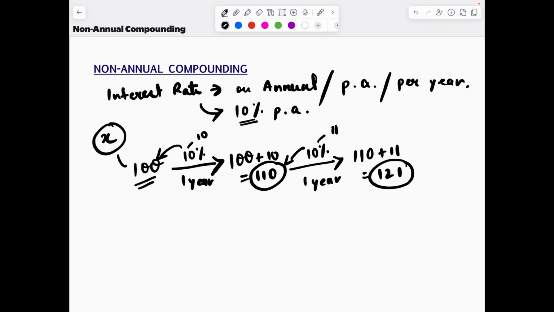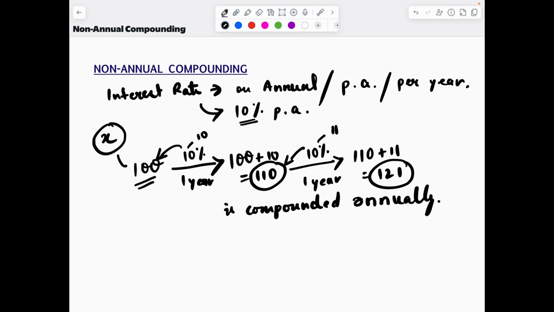This is the basic concept, and you are already aware of it. Here, the 10% is being charged on an annual basis. So I can say that the interest rate is compounded annually.